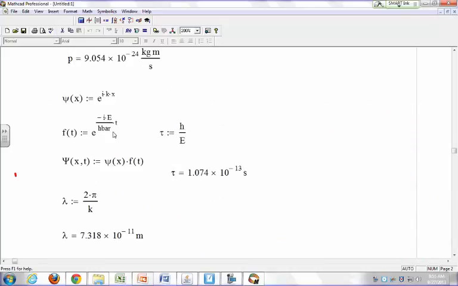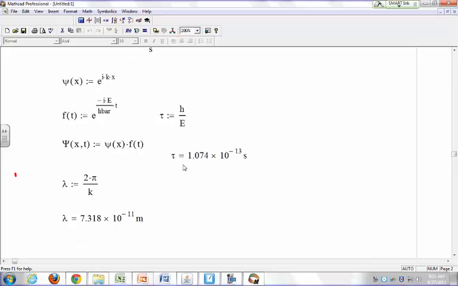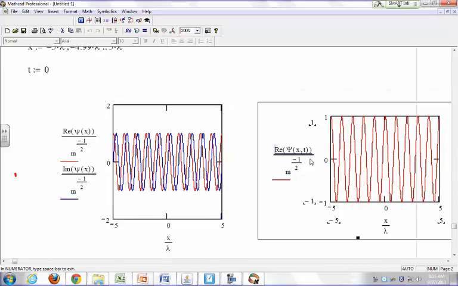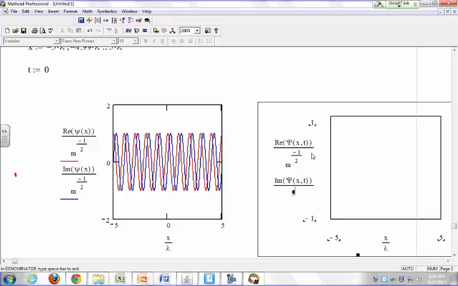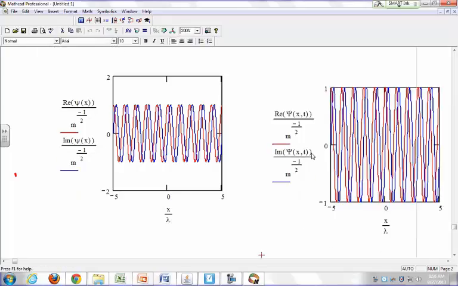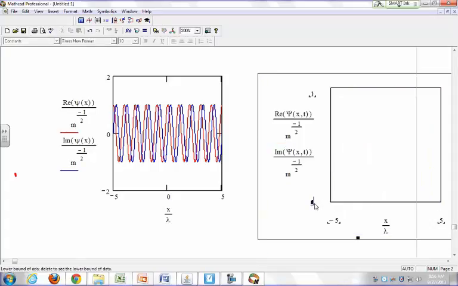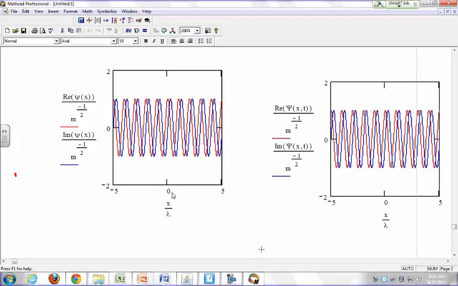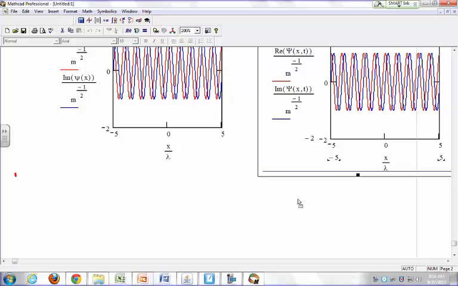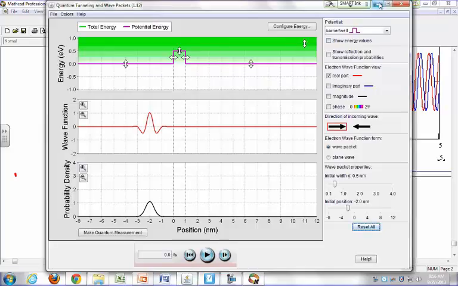You recall? If t is 0, then this is just 1, so big psi will just be equal to little psi times 1. And the imaginary part of big psi of x, t over m to the negative 1/2 should be the same as this other one. And let's just change the scale, from -2 to +2. Okay? So it's the same thing. Let me just drag this one down here. Oh, that's not what I want to show.